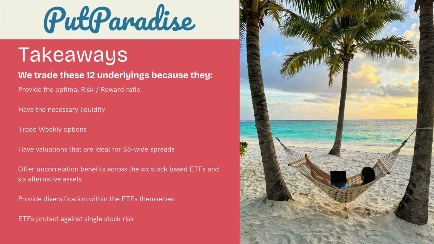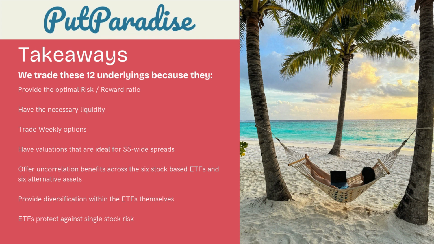They've all got the necessary liquidity with the tight bid-ask spreads. Some of them are much more liquid than others, but they all are good enough trading vehicles at the end of the day. IYR, we really don't like the liquidity in, but it does have good enough liquidity. So the vast majority of the other ones have great liquidity. So we really like those.